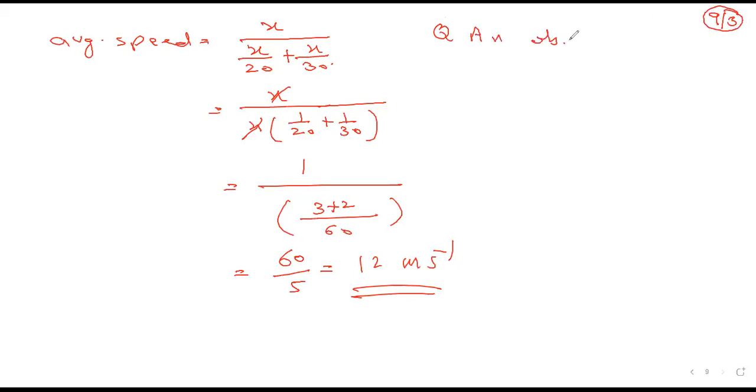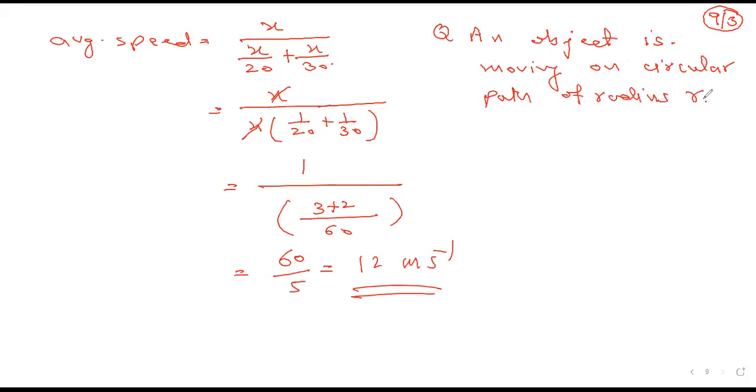An object is moving on a circular path of radius r.